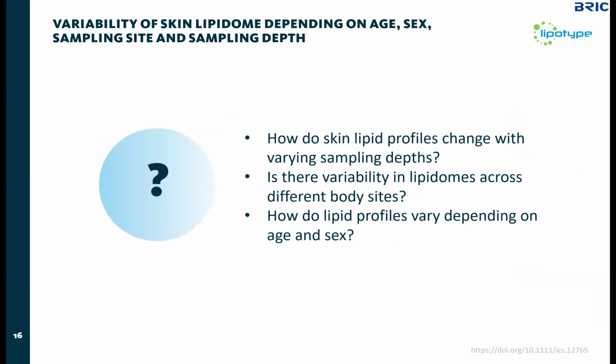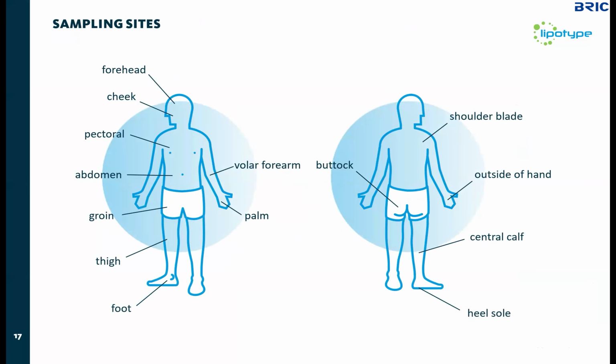For this purpose, there was a recruitment of 104 panelists consisting of 65 females and 39 males between 20 and 89 years. These were healthy individuals. They did not have any skin conditions or skin concerns.